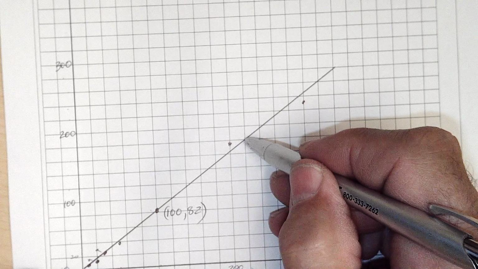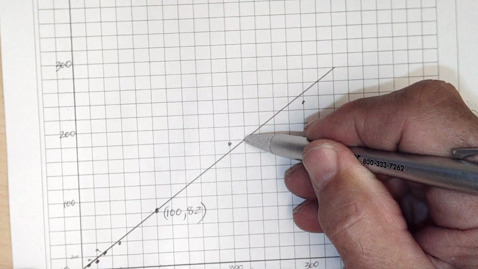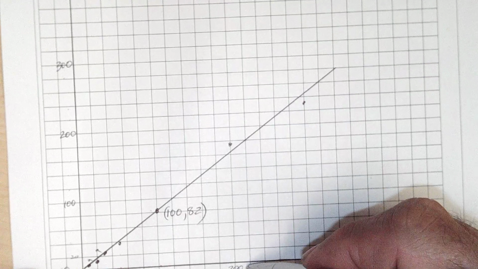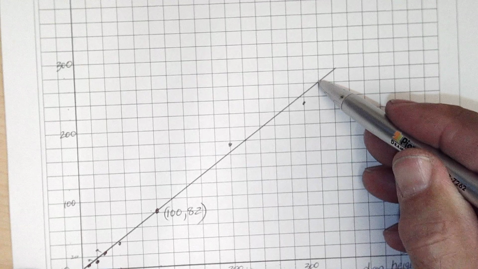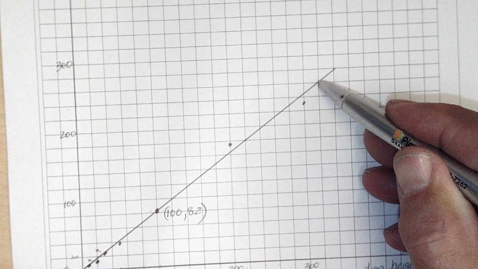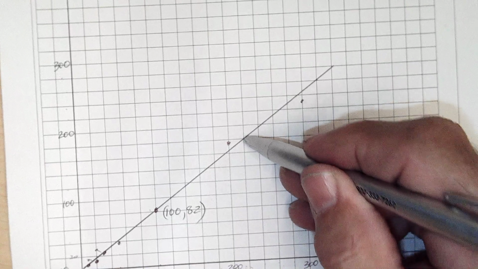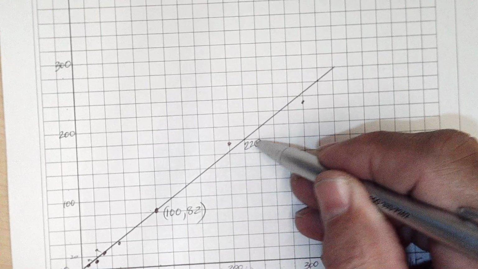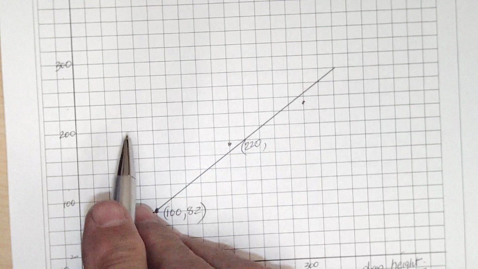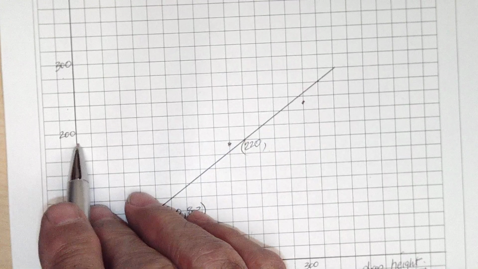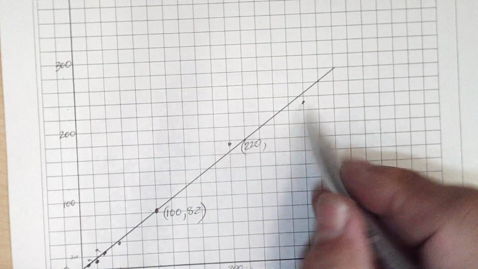And it looks like it hits this one right on, which is 220, or here even I could go out to there, hits that one nicely. So I get 220 and a height of 180.